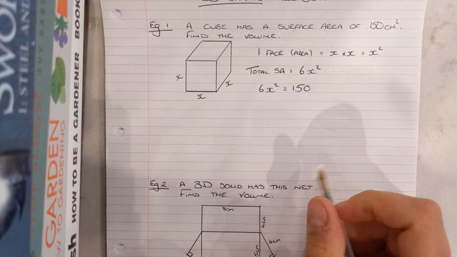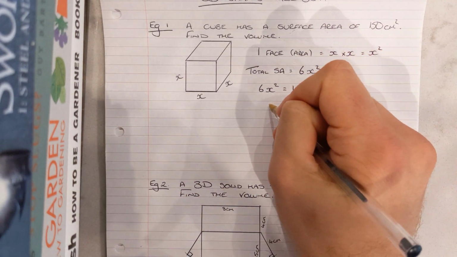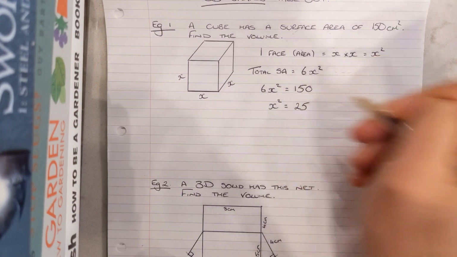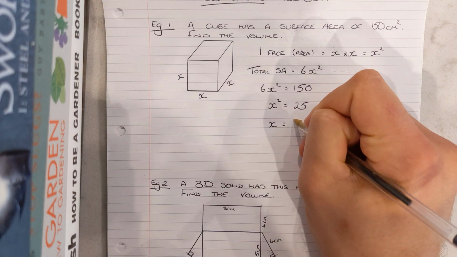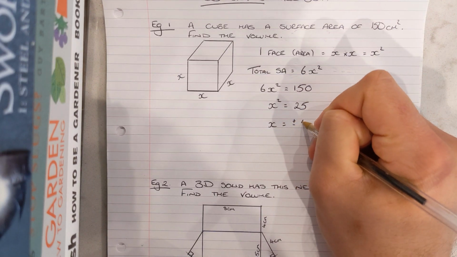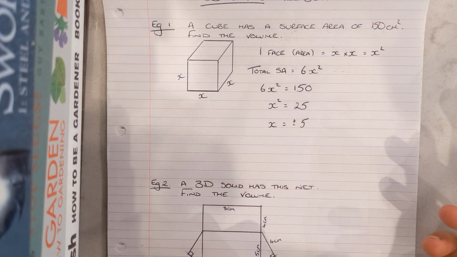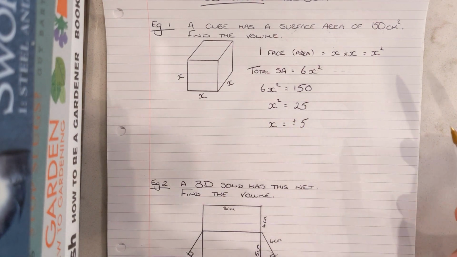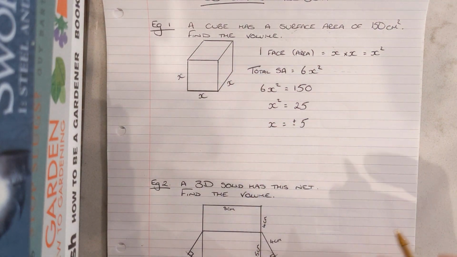Now, this is solving just like normal. Divide by 6, so I get x squared is equal to 25. And then if I square root, I get x is equal to, remember when we take the square root, we have two solutions, don't we? We have the positive version and the negative version. In this case, we have to reject the negative version because I can't have a negative side length.